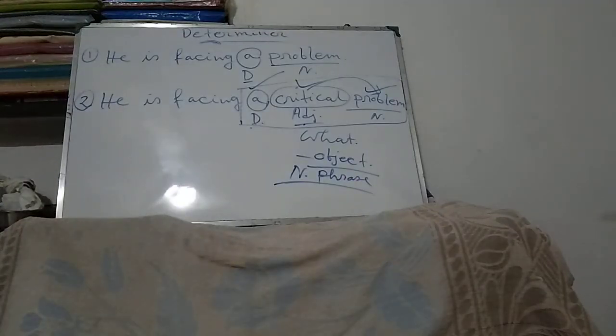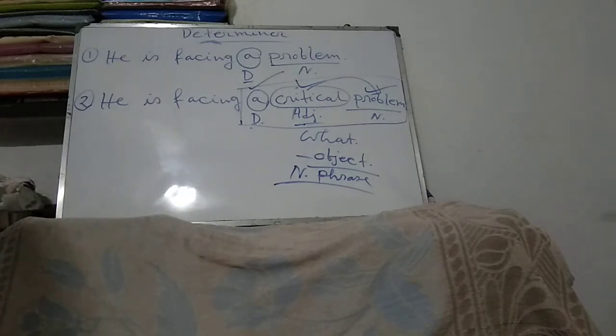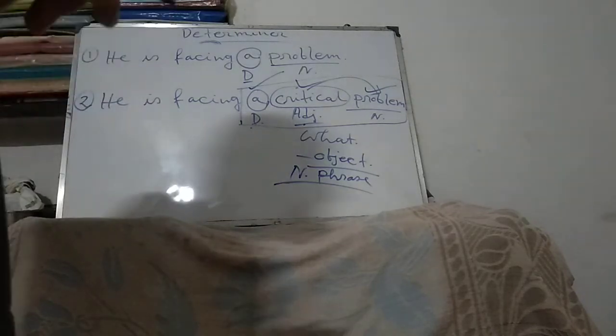And thereafter in your book the last difference or last point given, we can never use a singular countable noun alone, that is without a determiner. That means a singular countable noun must take a determiner before it.